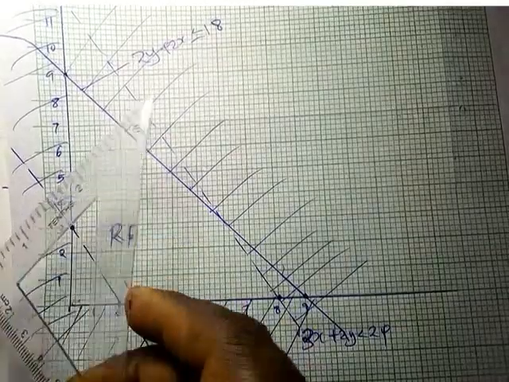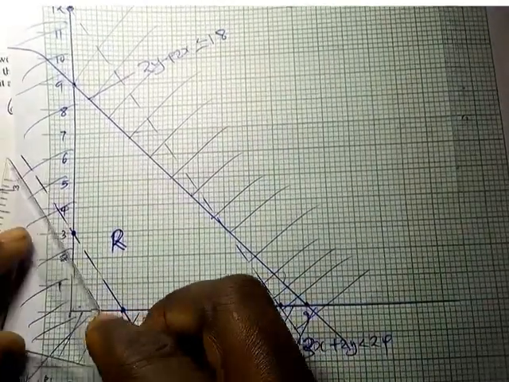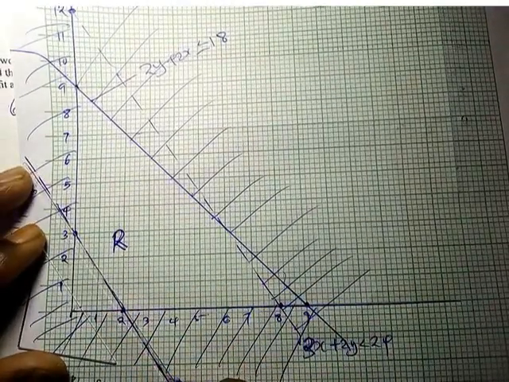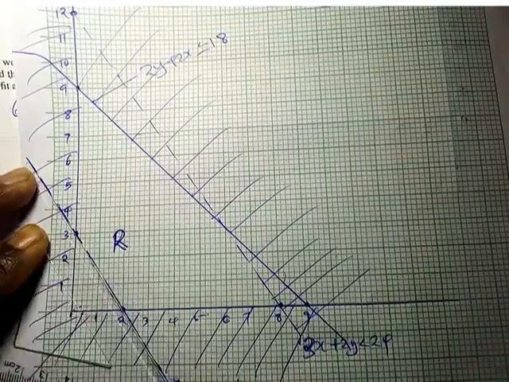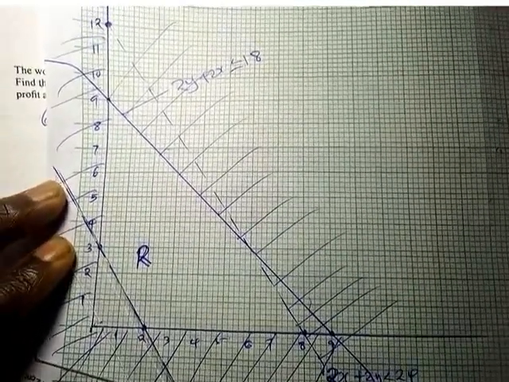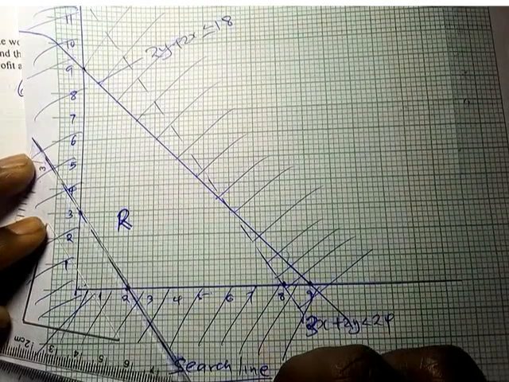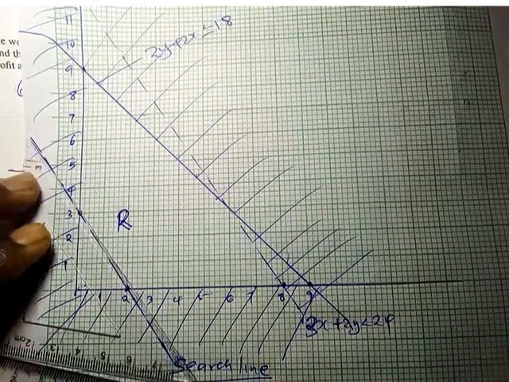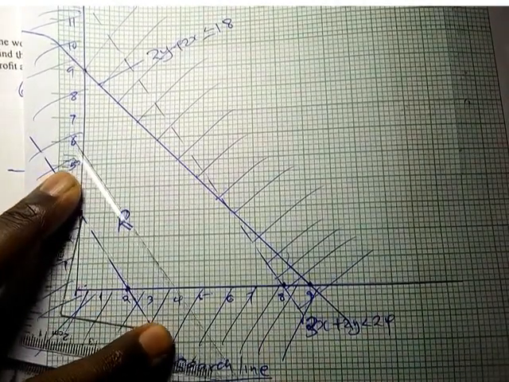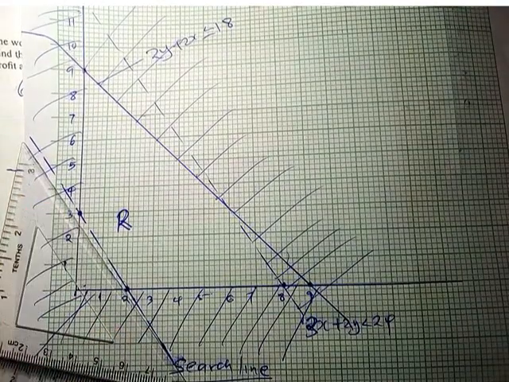Now take your set square and align it exactly with the search line. Take your ruler and support your set square, so that when we move the set square, it goes parallel to the search line.